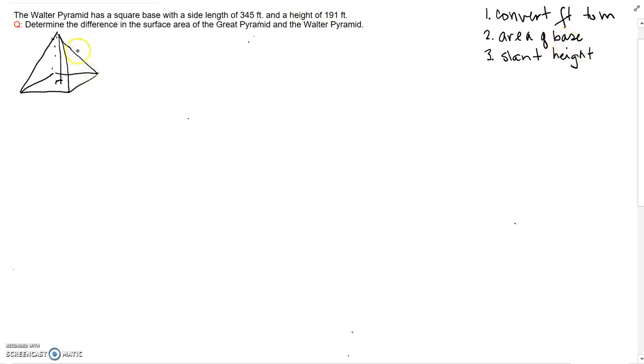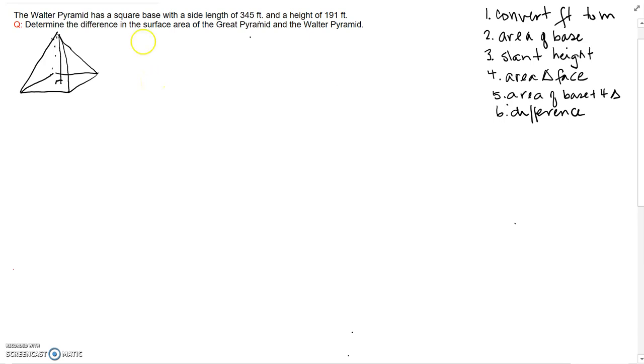And recall that is the length along the triangular side. Once I have the slant height, I'll be able to find the area of a triangular face. And after that, I can find the total area of the base plus the 4 triangular faces. And then the last thing I'll do is find the difference, subtract those two values.